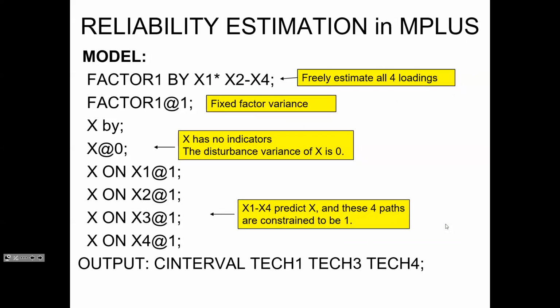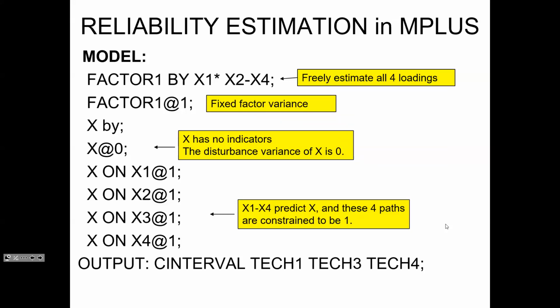By default, Mplus always assumes that you want to use a marker variable strategy, which is equivalent to writing x1 at 1. We don't have to write x1 at 1, but what Mplus understands when we write factor 1 by x1 to x4 is, oh, you really mean x1 at 1, and then you're going to freely estimate the loadings for x2, x3, x4, okay?